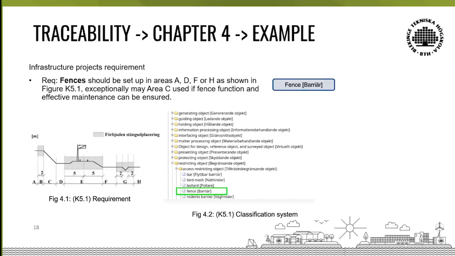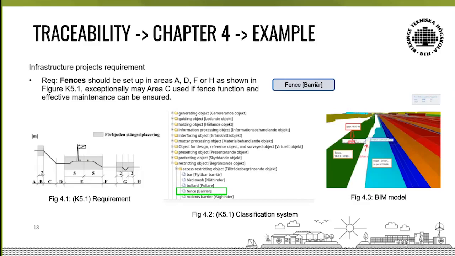After we do this association, the next step is to look at the design models, which were already associated with a similar code from the SP11 classification system, and see if we could actually verify this requirement. I'm not sure if this is clear, maybe the font's a bit small. But this is the design BIM model, building information model, for a track.